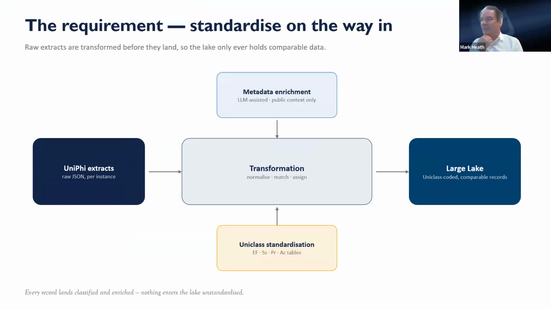When that transformation happens, what it's doing in that transformation is looking at the Uniclass standardizations and looking at any other publicly available information, but containerizing this. So nothing goes out of the container, it just comes in. So what you will do is pass the metadata enrichment application a brief description of the project.